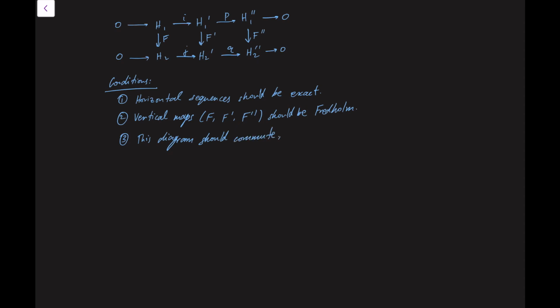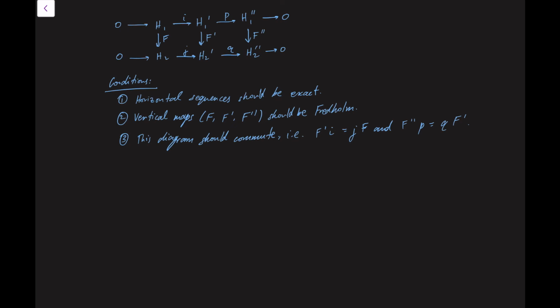What does that mean? It means that f prime composed with i must equal j composed with f. And we also want f double prime composed with p to equal q composed with f prime. That's what it means for this diagram to commute.